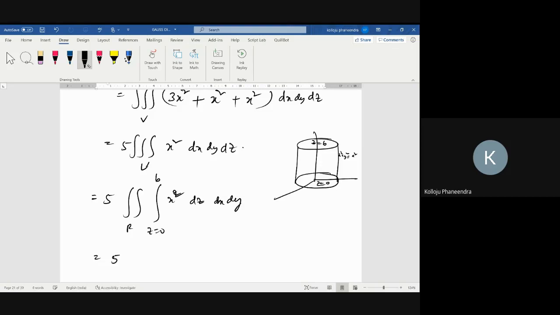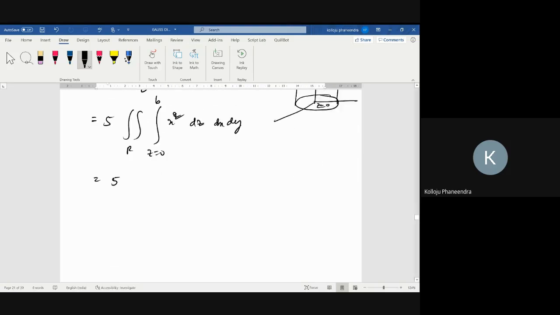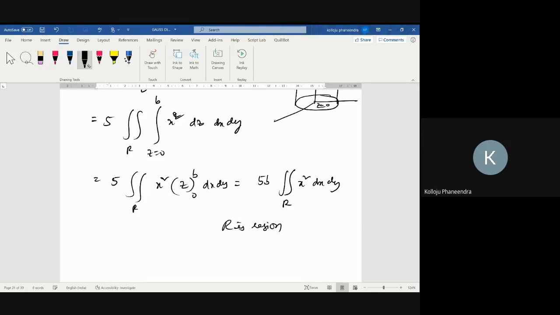That is 5 times the double integral over R of x square z between 0 to b, dx dy, which equals 5b double integral x square dx dy over R. What is R? R is the region bounded by the circle x square plus y square equal to a square.